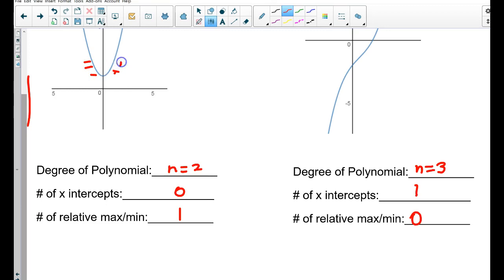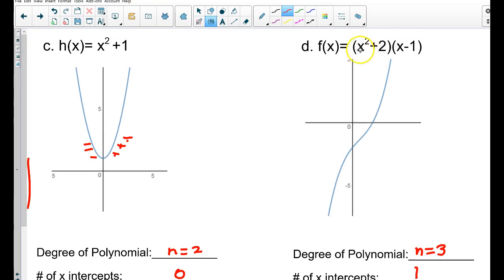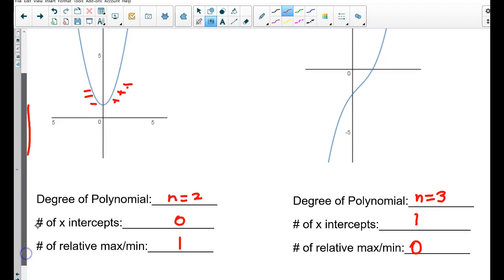Notice there's a change of direction, so here's that minimum point. For part D, x squared times x is x cubed, so we have a degree of 3. It intersects the x-axis in one spot, and there's no change in direction, so there's actually no minima or maxima here.